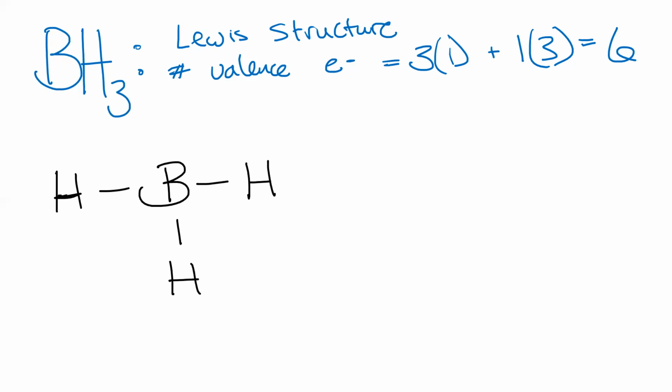And therefore, since we have used up our 6 valence electrons, this is the Lewis structure of boron trihydride. There is no octet for boron. Boron is an exception to the octet rule. We've already said that hydrogen is an exception to the octet rule. So that is where we are. This is the final Lewis structure.